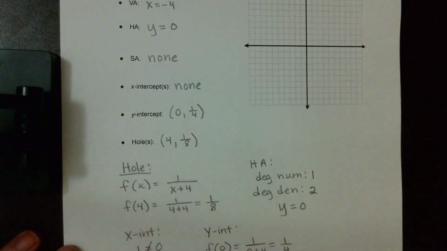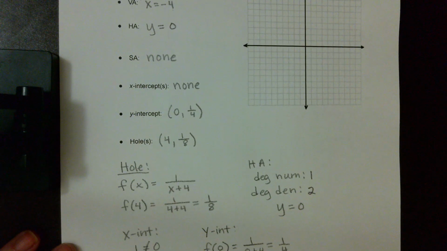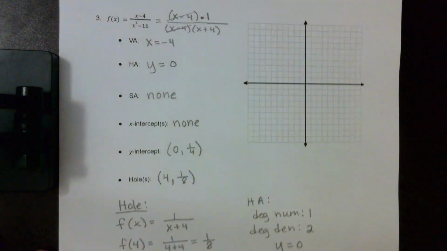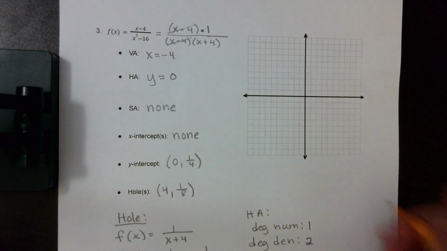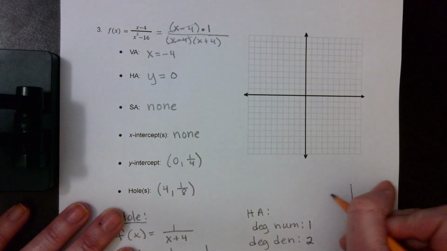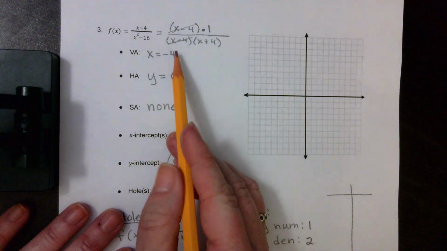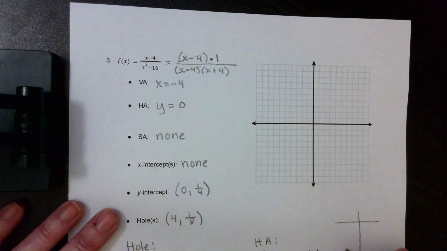Okay, so looking at all these values, it doesn't seem like we need to change our scale, but we also don't have many other x values. So what I'm going to do, I know that at -4, I have a vertical asymptote, so it's undefined. So I'm going to make a table with -5, -6, and -10.